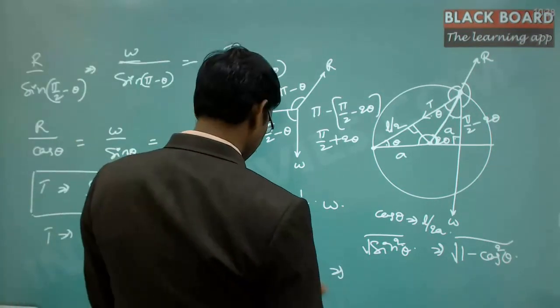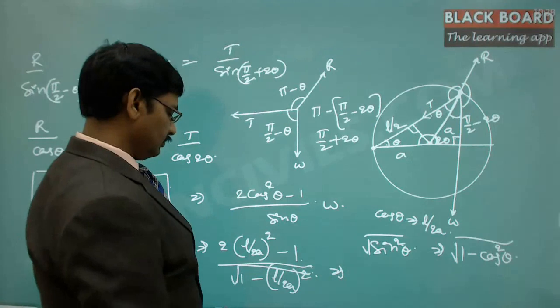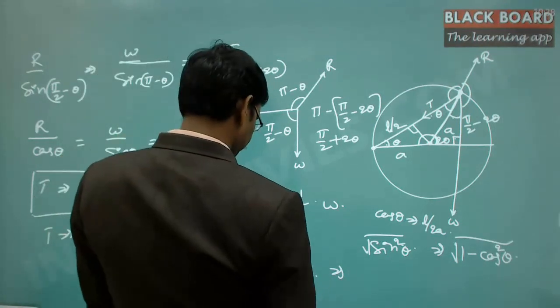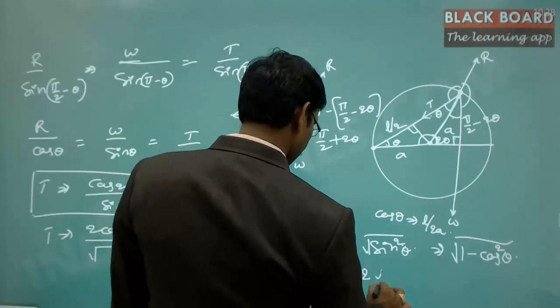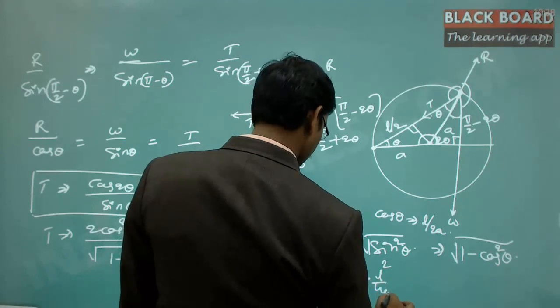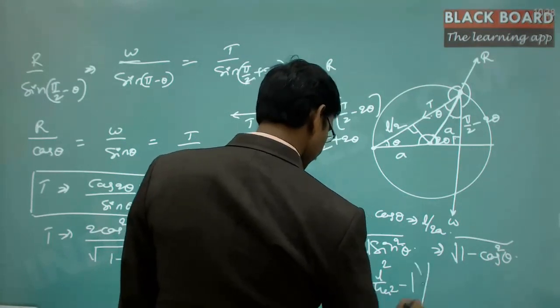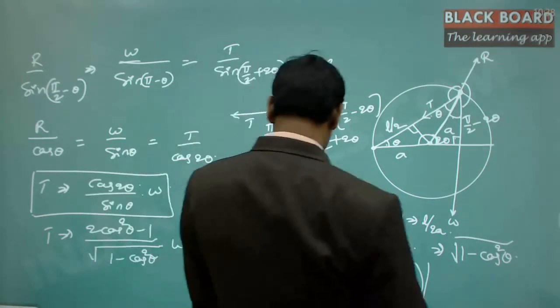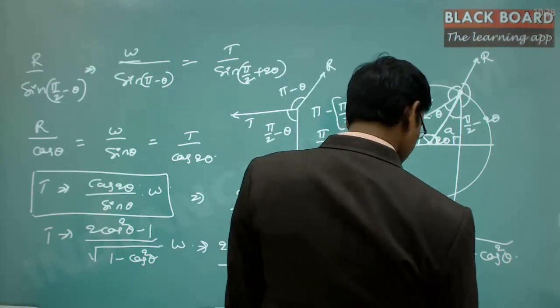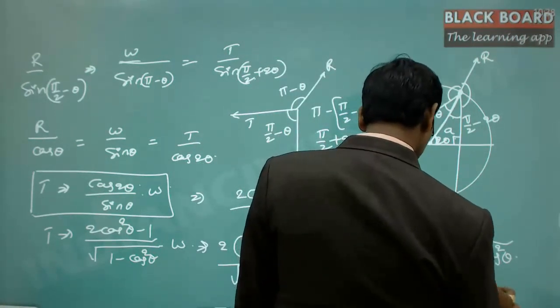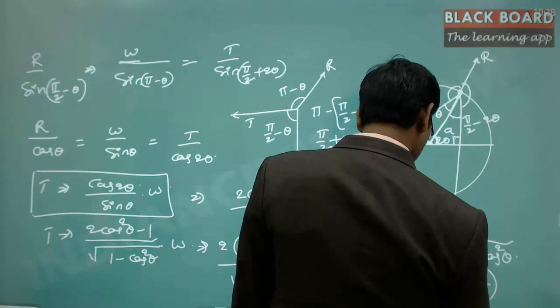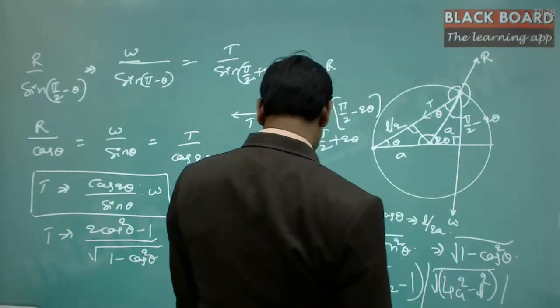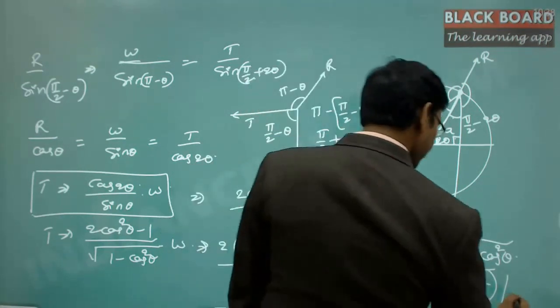So this is 2 times L square by 4a square, minus 1, divided by the square root of (4a square minus L square) divided by 2a.